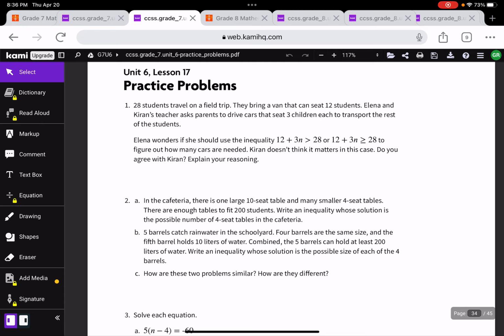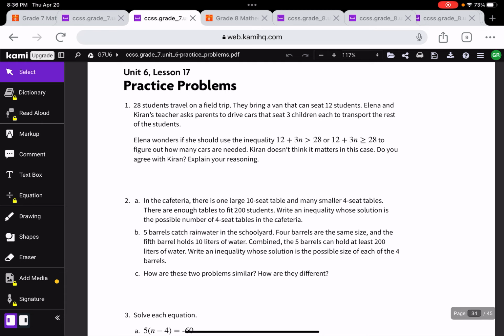Elena and Kieran's teacher asked parents to drive cars that seat 3 children. Elena wonders if she should use the inequality 12 plus 3n is greater than 28, or 12 plus 3n is greater than or equal to 28 to figure out how many cars are needed. Kieran doesn't think it matters in this case. Do you agree with Kieran? Explain your reasoning.